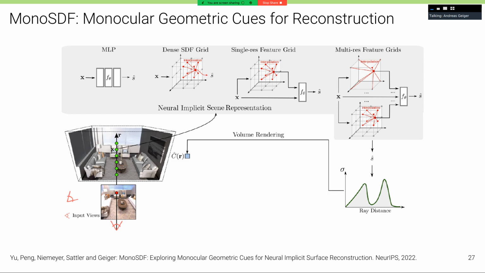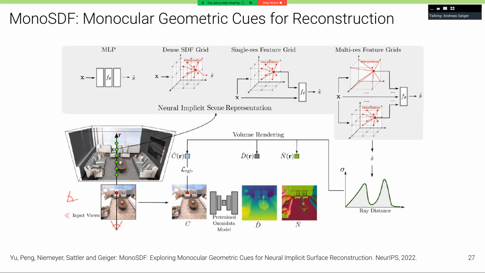Together with the color, for each of these points we have the color and the density, so we can alpha composite the image together and render this, and then we can use a reconstruction loss. But what we do now in addition is we also render the depth map and the normal map. And we compare those renderings to the predictions of the OmniData model on the original input image using a depth loss and a normal loss.